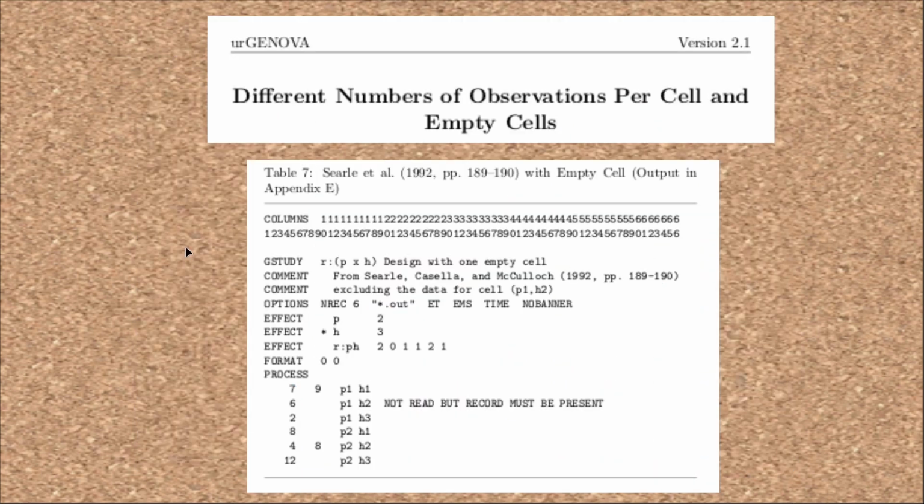Robert Brennan, the creator of Ur-Geneva, was well aware of this problem. Page 13 of the Ur-Geneva manual, which you find among the various help options, explains how to proceed.